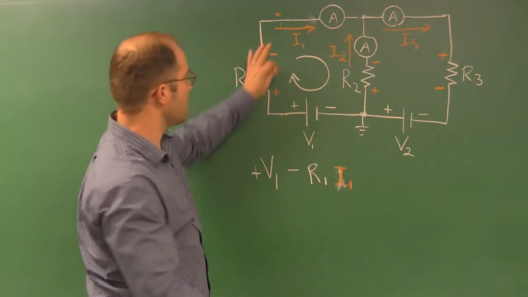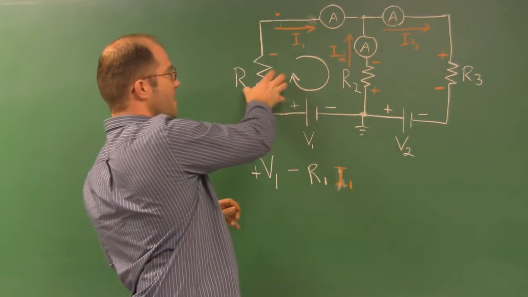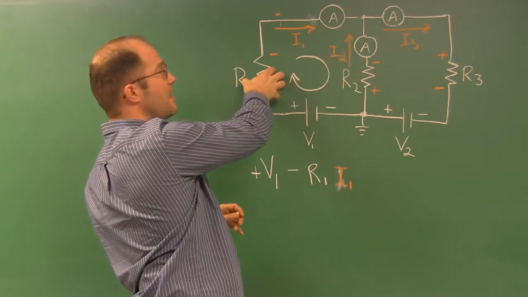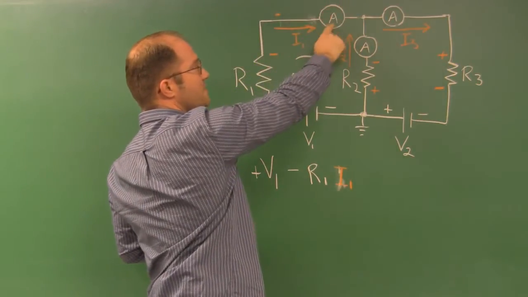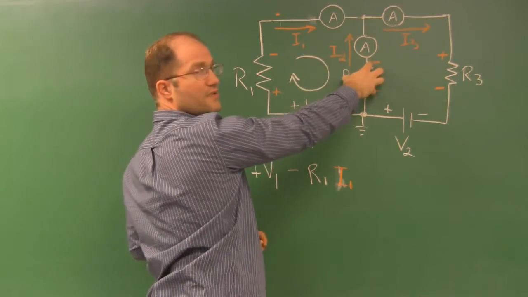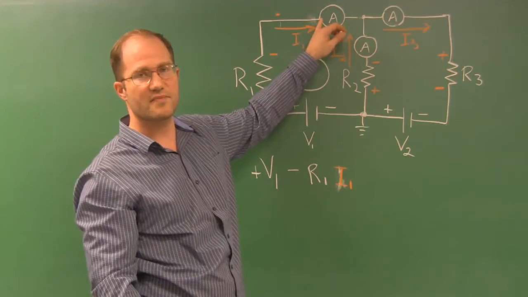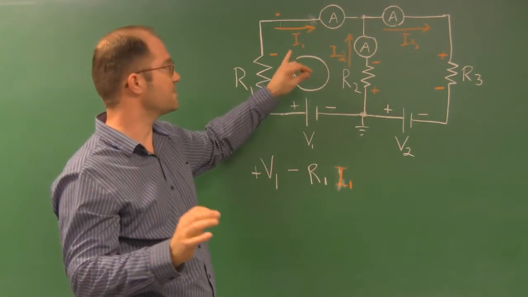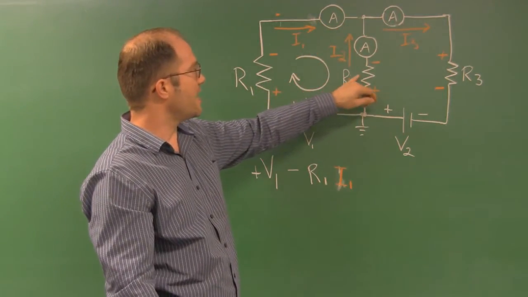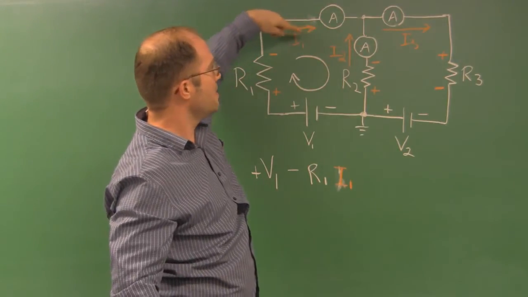Now, as we go around here, we have this component in our loop. So we've got a voltage supply, a resistor, whose voltage is R1 I1. This is where our meter is. Okay, here's another meter. Now we get to another resistor. So this is where voltage is dropped. Voltage doesn't really get dropped across the meters. They have really low resistances. All right, so R2, I2. And so we've chosen a clockwise loop.